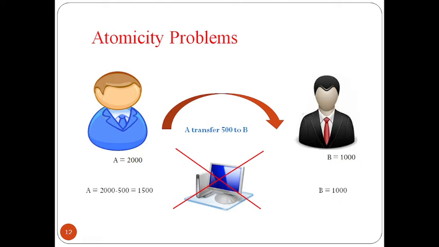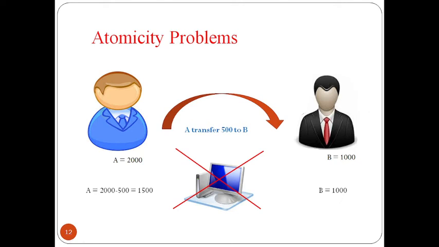So now the state of the database is inconsistent. A has been reduced by 500 rupees, but B doesn't get that 500 rupees. So B denies it, and A says that I have already transferred to you.